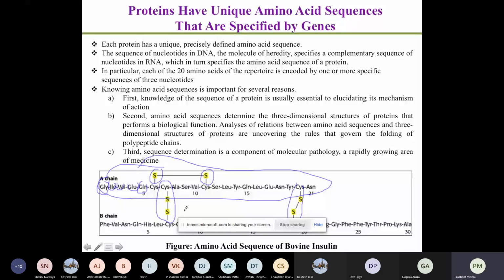Yes, sir. Okay. Now, how is the sequence determined? How does it happen that there are 20 amino acids and you get a very specific sequence? What makes them align in a particular fashion? The answer is the sequence of nucleotides in DNA. DNA is the one where there is a sequence of nucleotides, which we will discuss when we talk about the DNA structure.